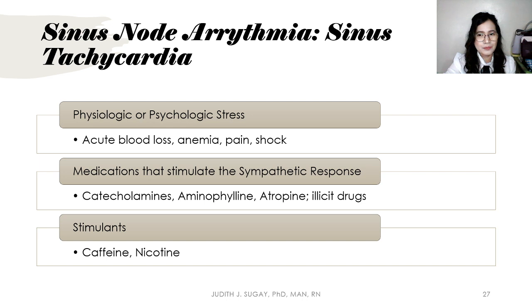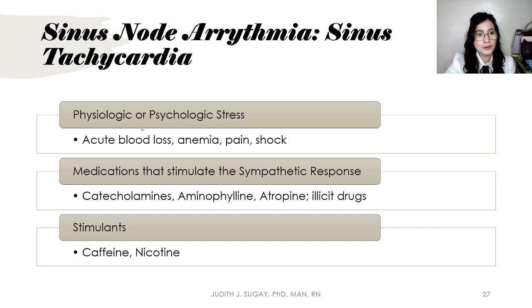So on the other hand, we have here sinus node arrhythmia, particularly tachycardia. This happens when the sinus node creates an impulse at a faster than normal rate, so that's more than 100 beats per minute. It's caused by either physiologic or psychologic stress, medications, or stimulants.